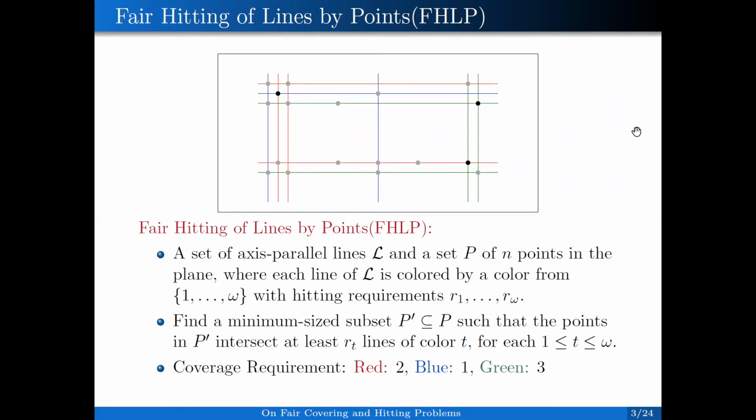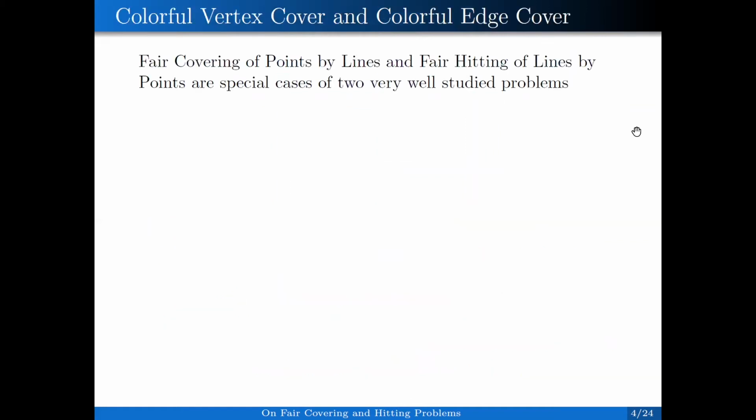The two problems I have described are of geometric nature, but one can similarly define fair versions of graph problems. And in particular, we consider fair versions of vertex cover and edge cover, which are called colorful vertex cover and colorful edge cover.